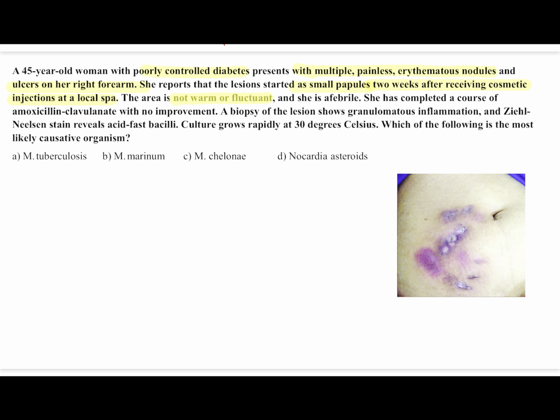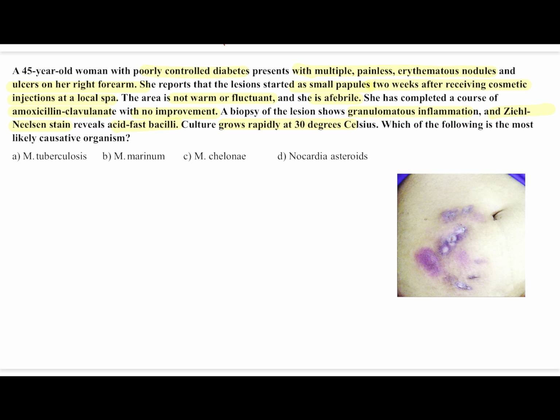The area is not warm or fluctuant. She is afebrile. She has completed a course of amoxicillin with no improvement. A biopsy of the lesion shows granulomatous inflammation, and Ziehl-Neelsen stain shows acid-fast bacilli. The culture grows rapidly at 30 degrees Celsius. What is the most likely organism?